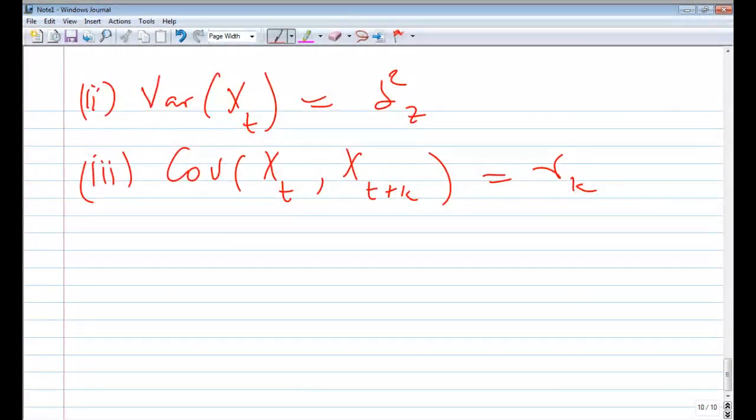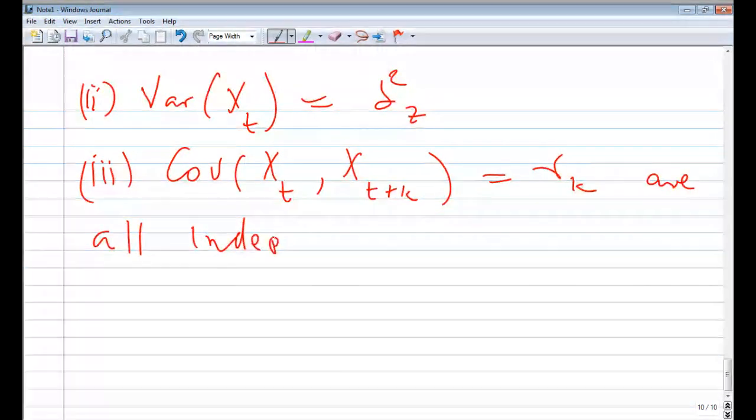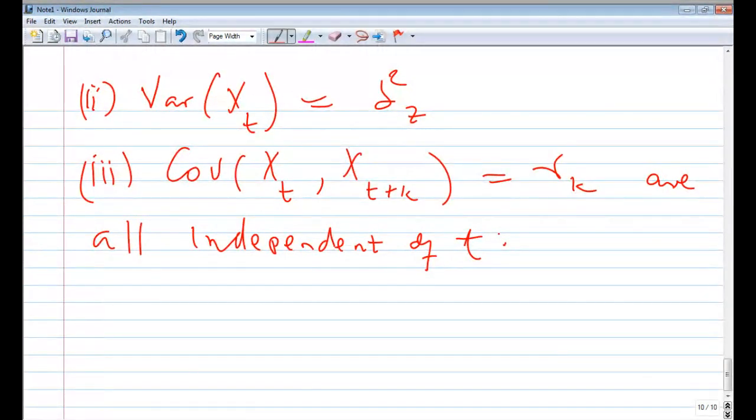A process Xt is weakly stationary if, number 1, the mean, the variance, the covariance, all of them are independent of t. Are we together? A process Xt is said to be weakly stationary, covariance stationary, second order stationary if the mean, the variance, the covariance, all of them are independent of t.